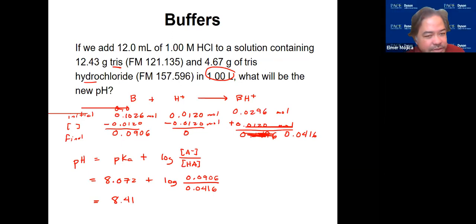Now, what do you think will be the pH if it's not buffered? Anyone who wants to answer that question? If there is no buffer, what do you think the pH will be? Anyone?